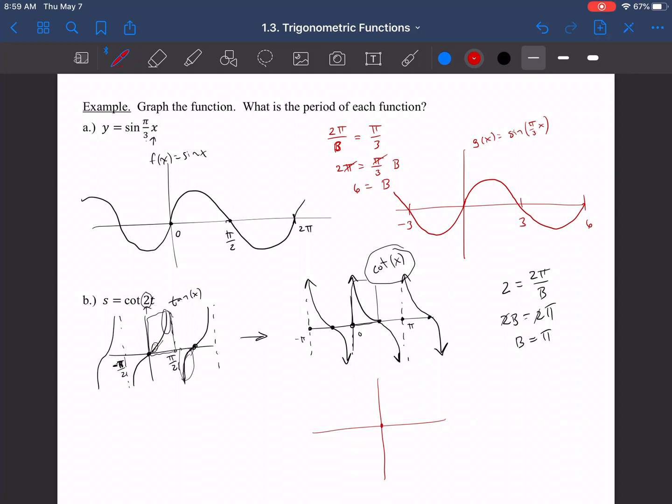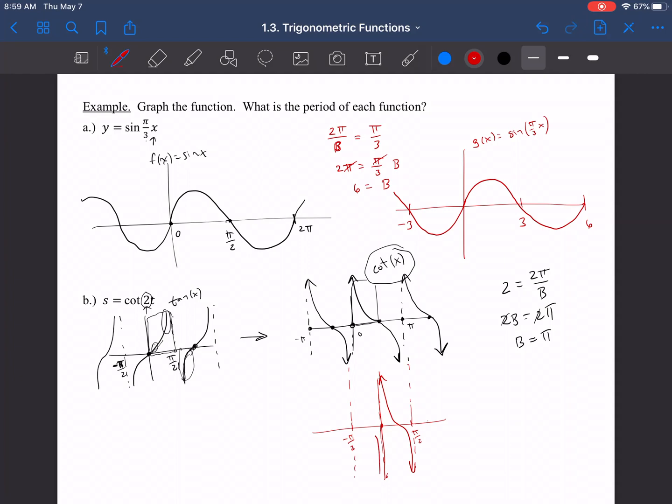I still have my asymptote here at 0, but then instead of at pi, it's at pi over 2. That's where my asymptote gets compressed to, and negative pi over 2. Those are my asymptotes now. And so my graph gets squished down like this.